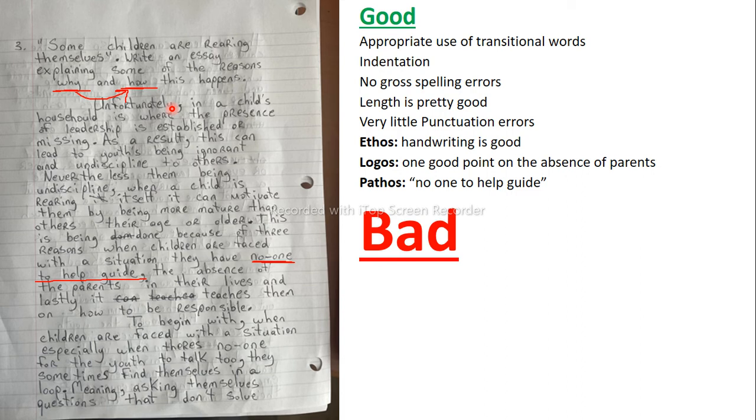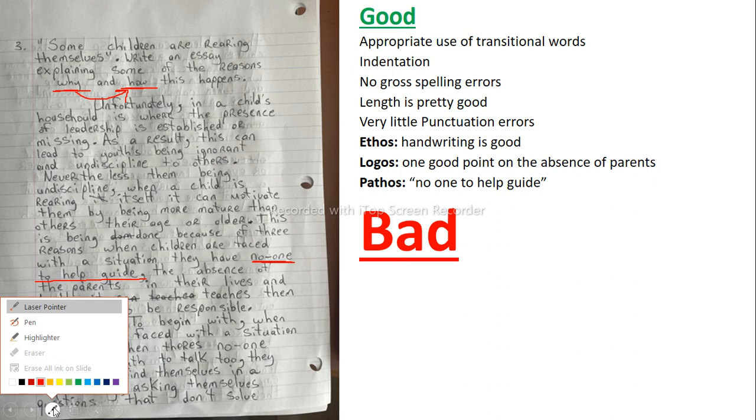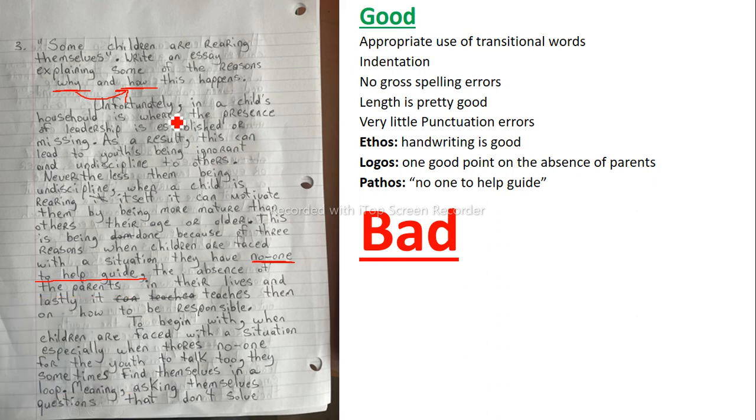And then they say as a result. As a result of what? This didn't say nothing. All they say is in the child's household is where the presence of leadership is established or missing. What they should have said is, unfortunately, in a child's household, the presence of leadership is missing. Perfect.